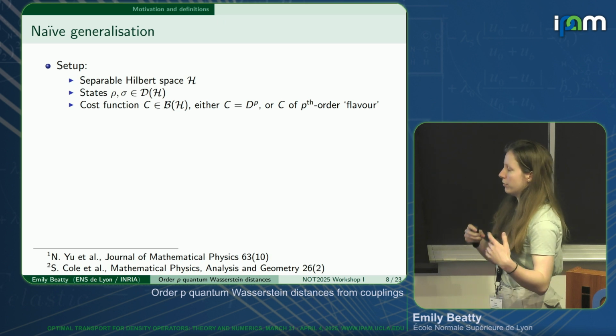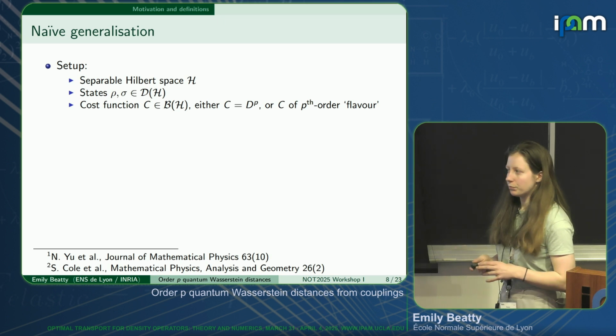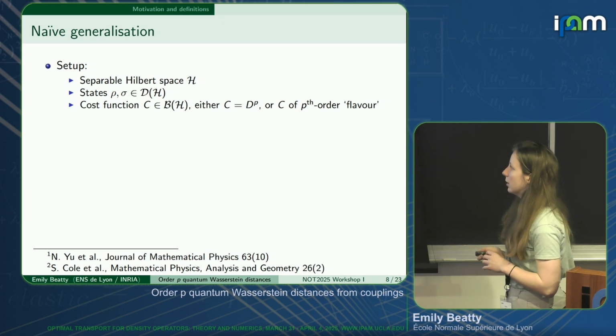What I mean by that is, for example, a cost matrix which is defined as a sum of squares would have a second order flavor, something like that.